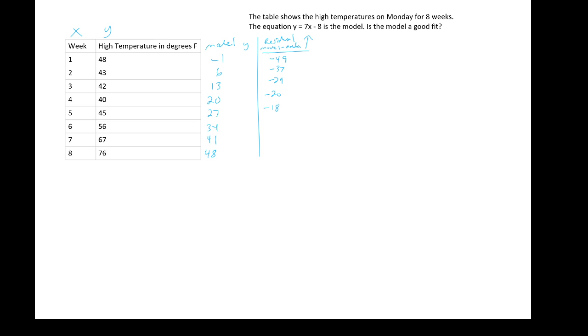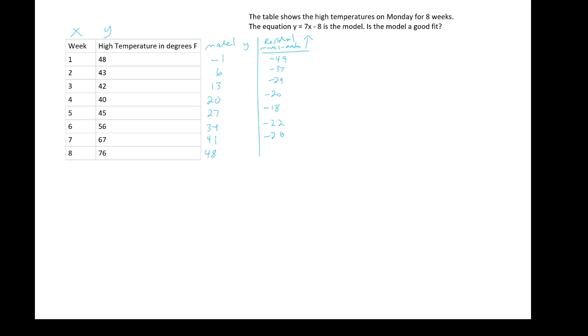34 minus 56 is negative 22. Then we have 41 minus 67. It's negative 26.